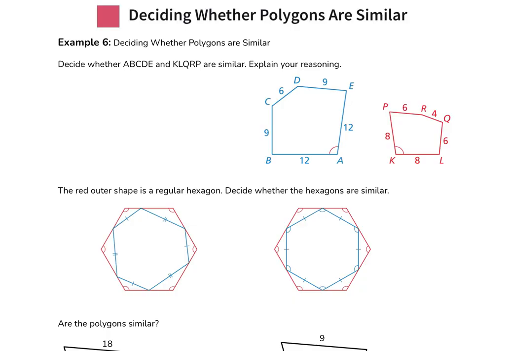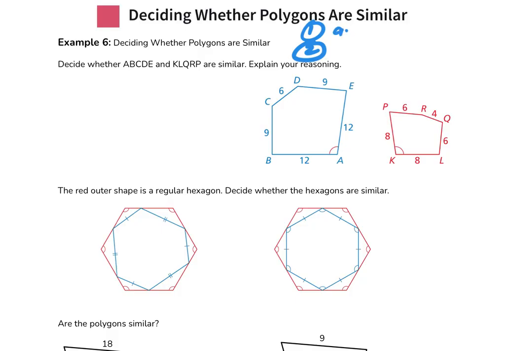Well, there's two things that must be true. In order for two figures to be similar, what's one of the two things that has to be true? Let's start with angles. What would be true about angles? Angles must be congruent.